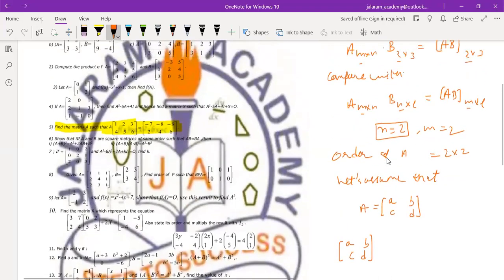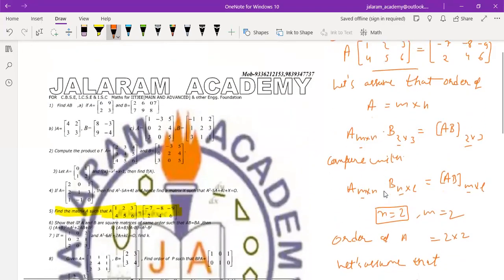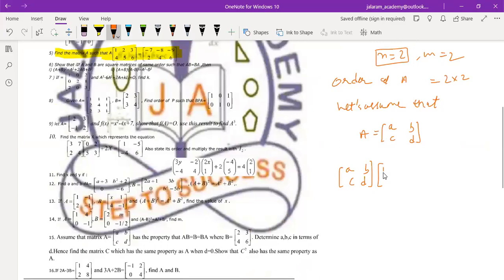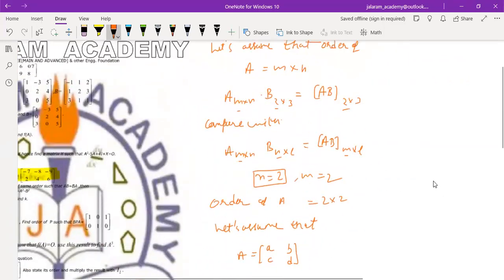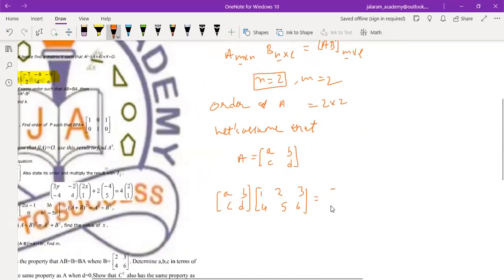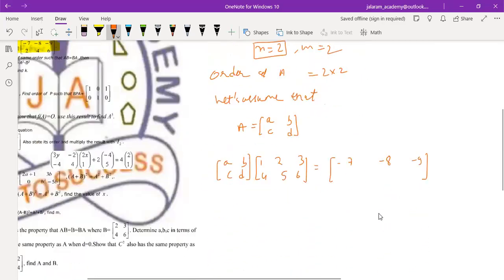In place of A, we write this, and then 1, 2, 3, 4, 5, 6 equals -7, -8, -9, 2, 4, 6.